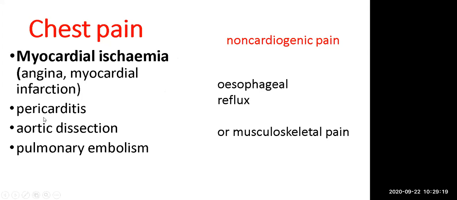Then the other reasons for this pain can be pericarditis, when the pericardium is inflamed, aortic dissection, and pulmonary embolism. Then you have to remember about the non-cardiogenic pain: esophageal reflux, or musculoskeletal pain.